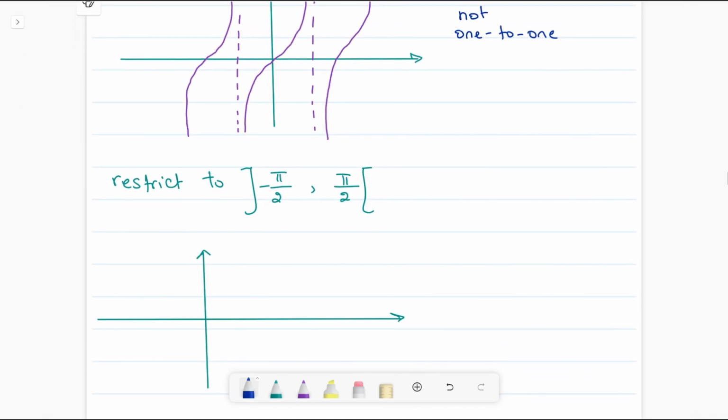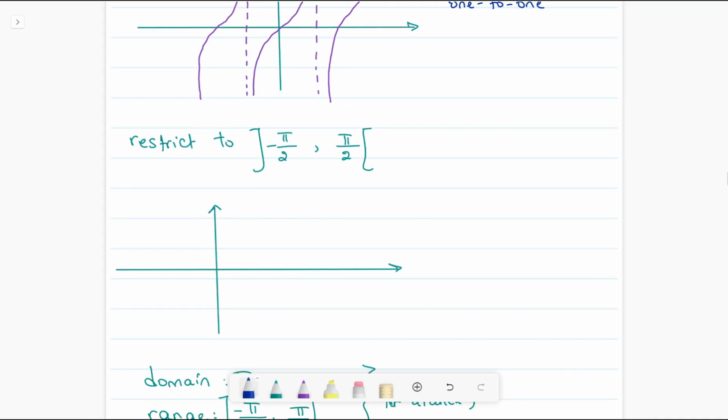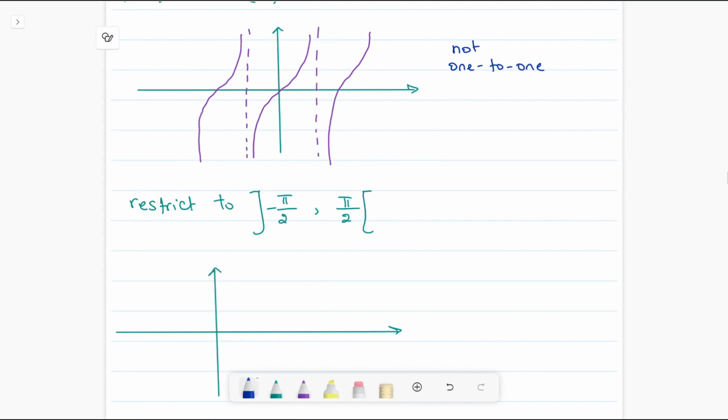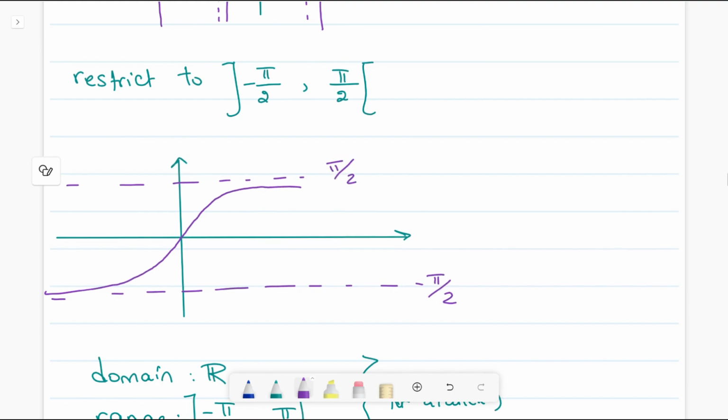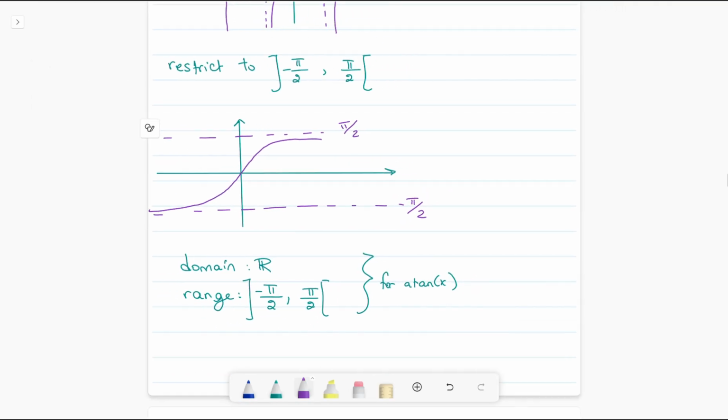So we will restrict the domain to be -pi/2 till pi/2. And now let's draw the inverse. The inverse will look something like that. And here we have our asymptotes at pi/2 and -pi/2. The domain of our inverse is all reals, and the range is -pi/2 till pi/2.